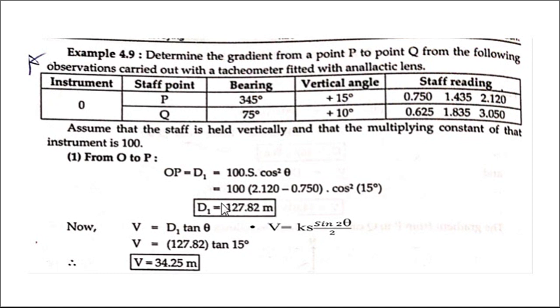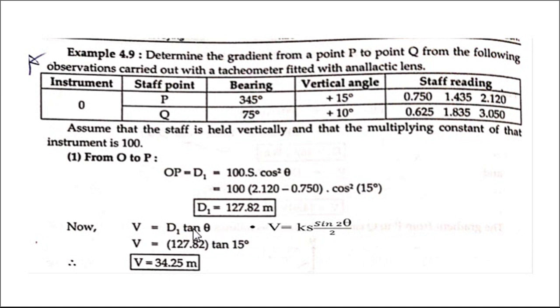127.82 meter. Okay, so distance we can calculate. Similarly, we can calculate the value of V, that is distance between horizontal line of sight and the central hair when observing from P to Q. So the formula is V is equal to D1 into tan of theta, or we can use this formula also, V is equal to Ks into sin 2 theta upon 2.